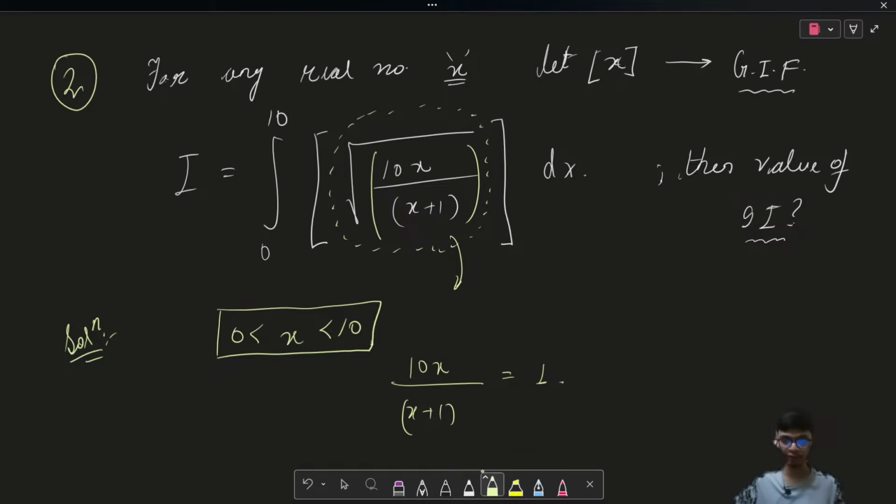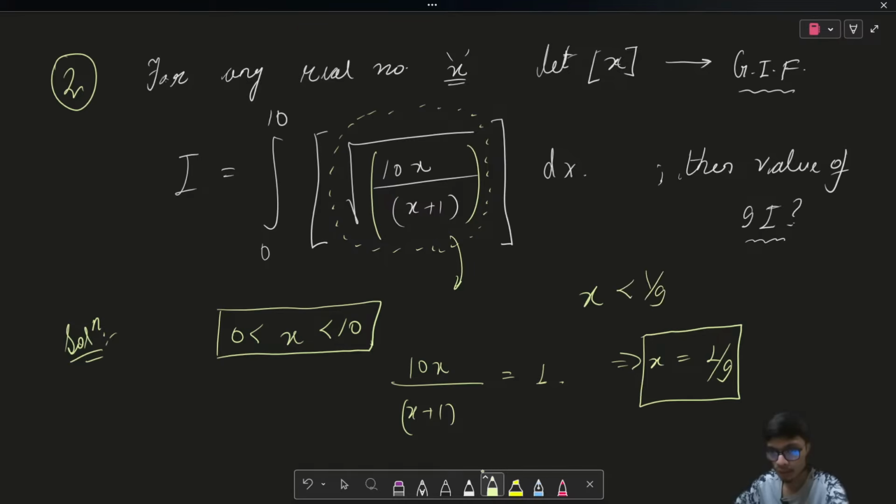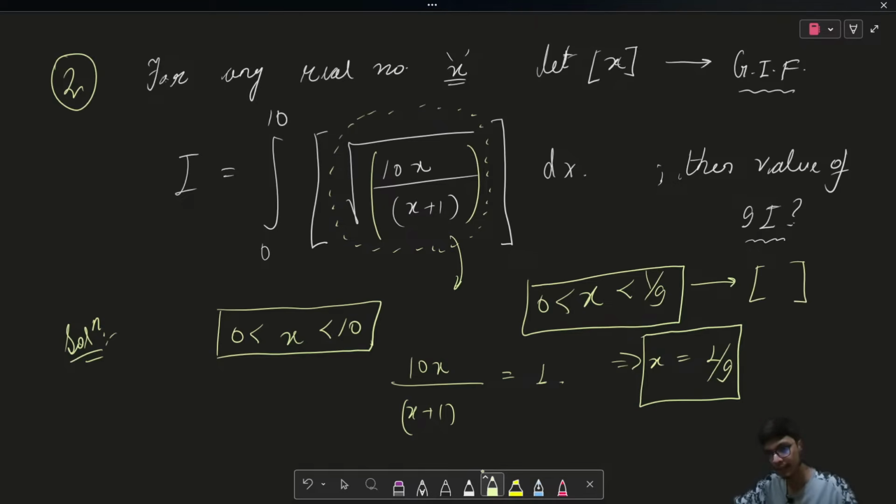So if I try to solve it for equal to 1, I will get x equals 1 upon 9. So what you understand is that whenever x is going from 0 to 1 upon 9, the square root value of this is obviously less than 1, and therefore the greatest integer will always give you 0. Is this clear to all of you, why I am doing it?